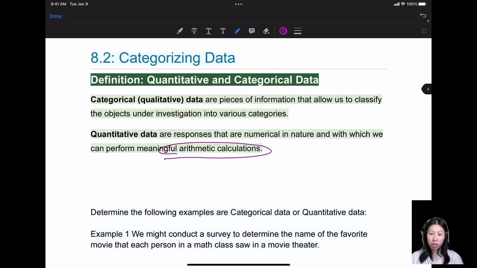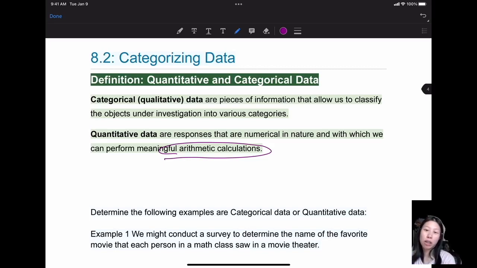These are categorical data that you can't perform subtraction or addition on. Another example is race, like you're Asian, Caucasian, or African American. These are considered categorical data.